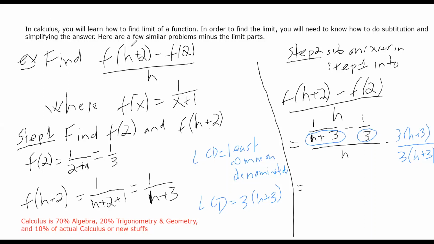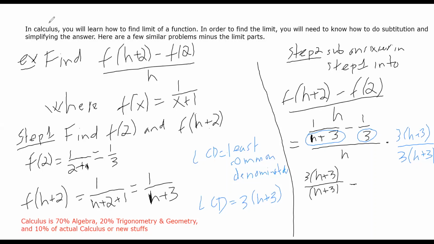If you distribute this in, then you're going to have a 3h plus 3. I don't want to write too many things here, I think you can see this. You see the cancellation. Over 3 times (h plus 3). Okay, so that's what we see in the bottom here.